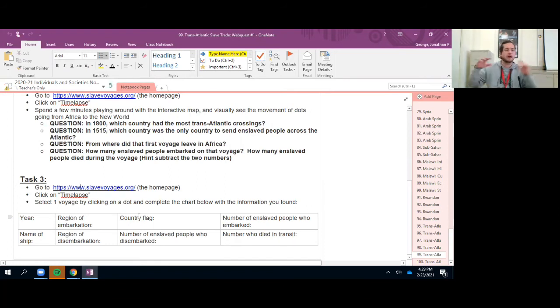Bottom line is you can look at one voyage and tell me what year, where they embarked or started, what country was in charge of this ship, the number of enslaved people who embarked, the name of the ship, where they disembarked, the number of slaves that disembarked, and then based on that information, how many died in transit. You're going to complete that chart based on the voyage that you pick.